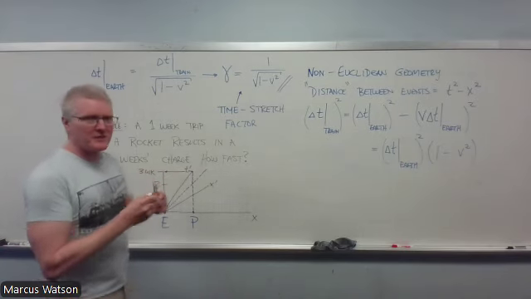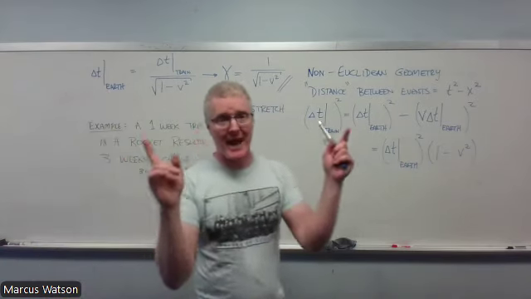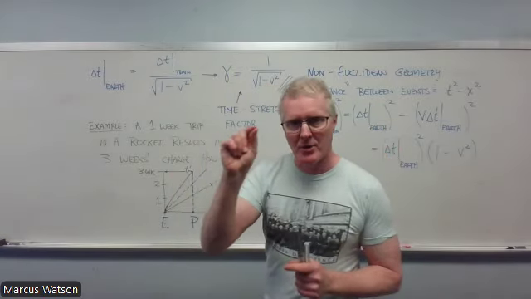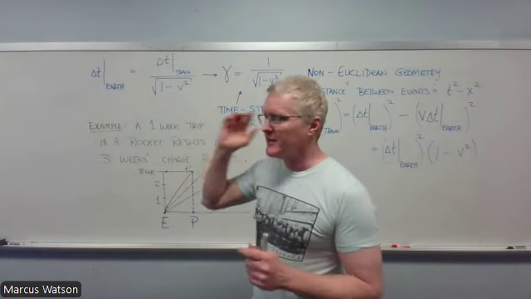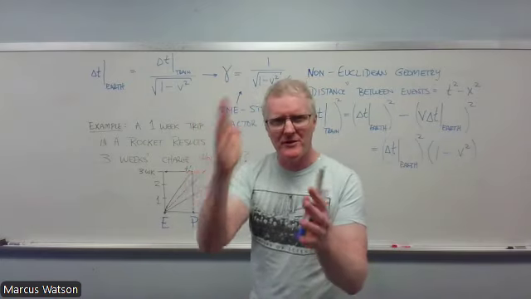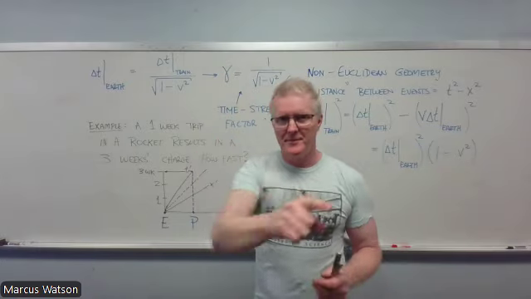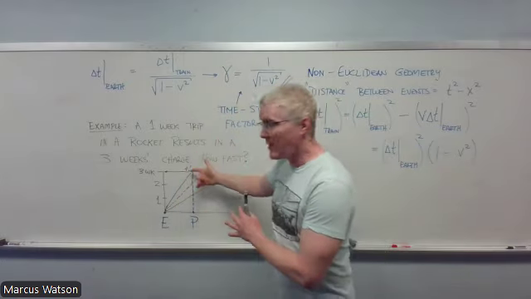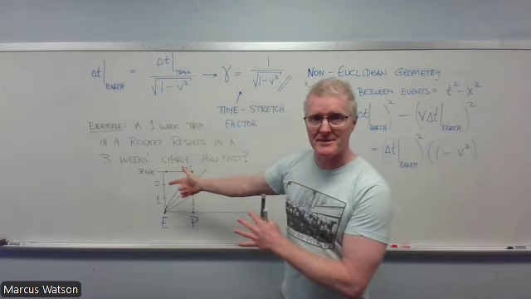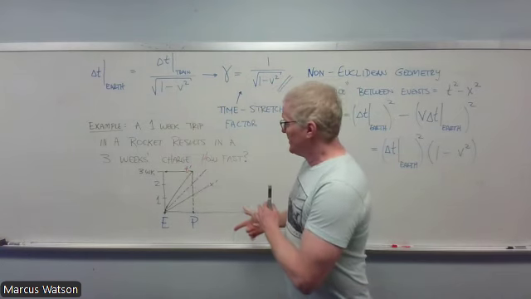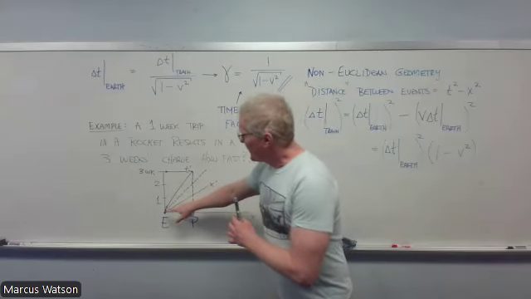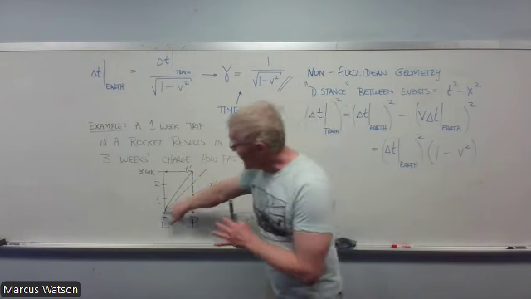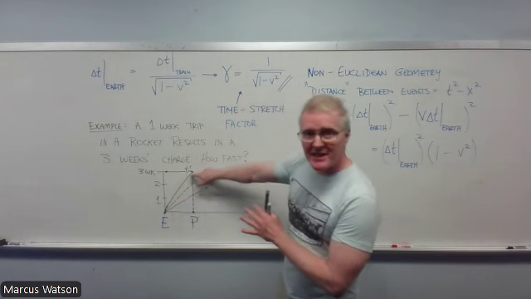So the first thing to notice is not only are the axes inclined, but the spacing between the 1, 2, and 3 is different on the prime axis than it is on the unprime axis.